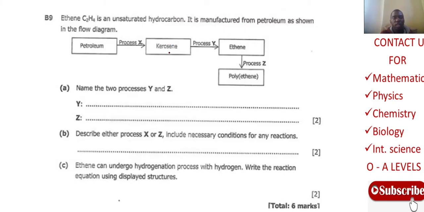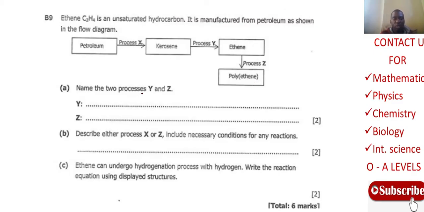This kerosene is a large alkane. Large alkanes can be broken down by a process called catalytic cracking. When you crack large alkanes, you produce alkenes, for example ethene. Ethenes can also be polymerized under addition polymerization to form polyethene.